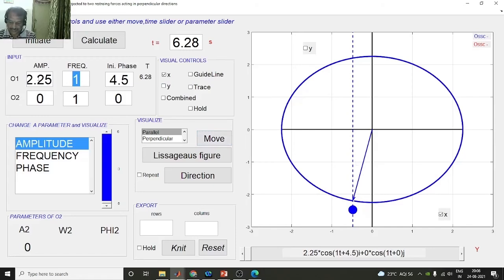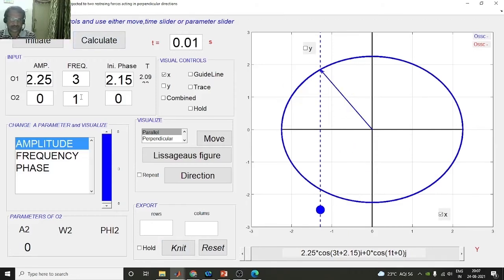Let us see another frequency, let us say 3, and let us take another initial phase, let's say 2.15. It starts here, so let's take another amplitude as well, 2.45.